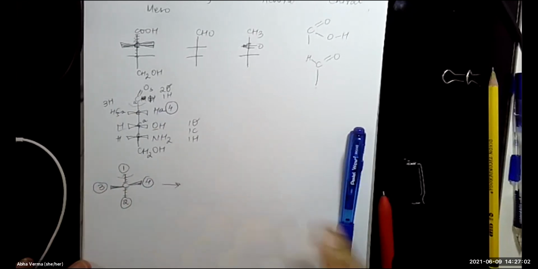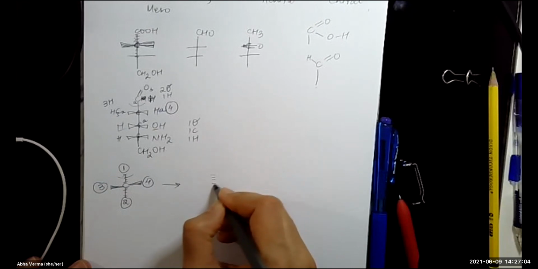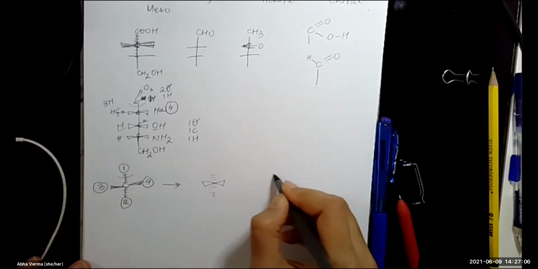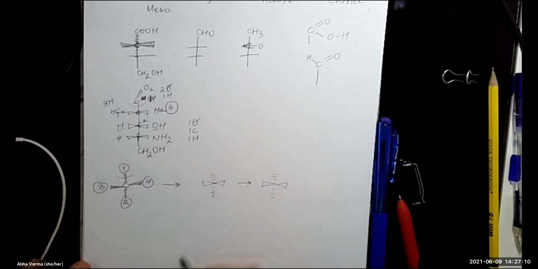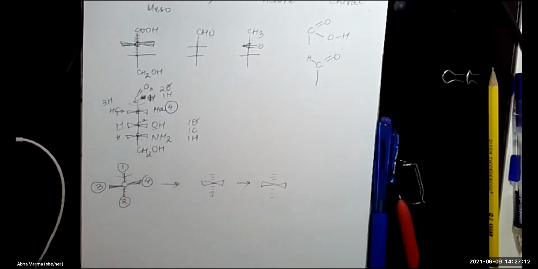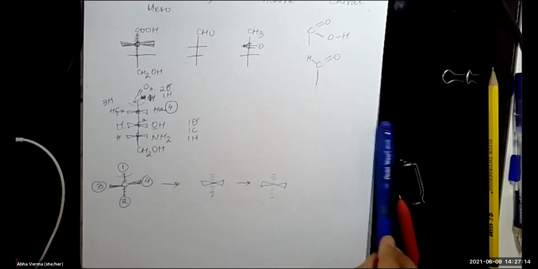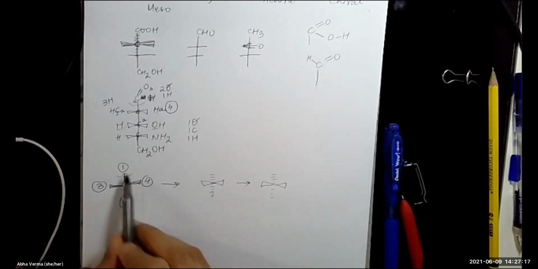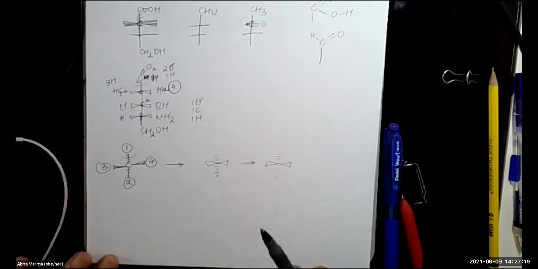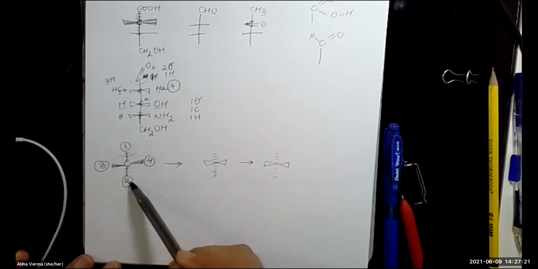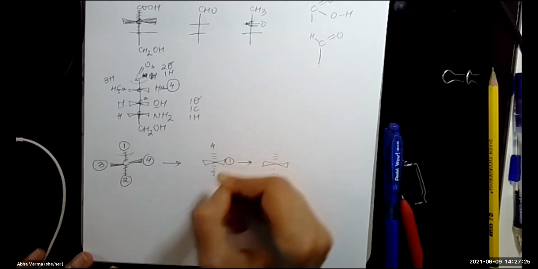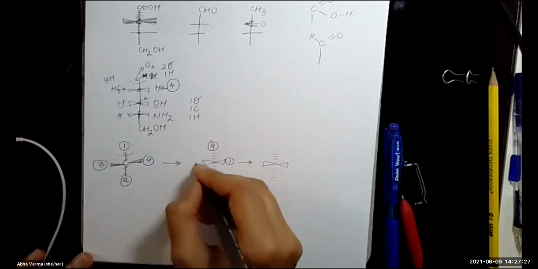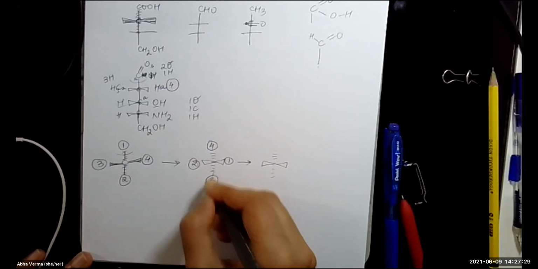So I can either take my baby steps and make my 2 other structures so I can look at it carefully. What would I do? I would want to keep my 4 at the back. Where do I take my 4 at the back? I can take it to either location. So I can take it here and then switch these 2.